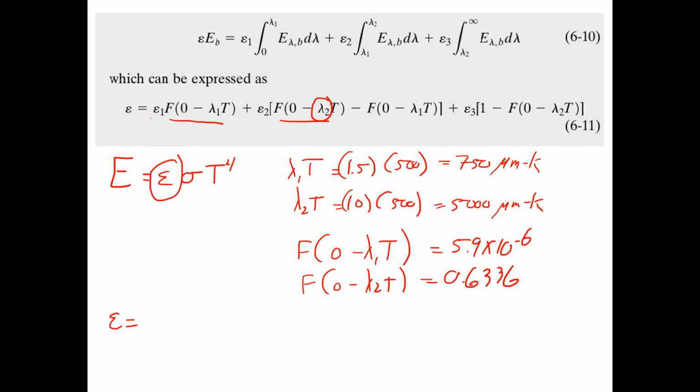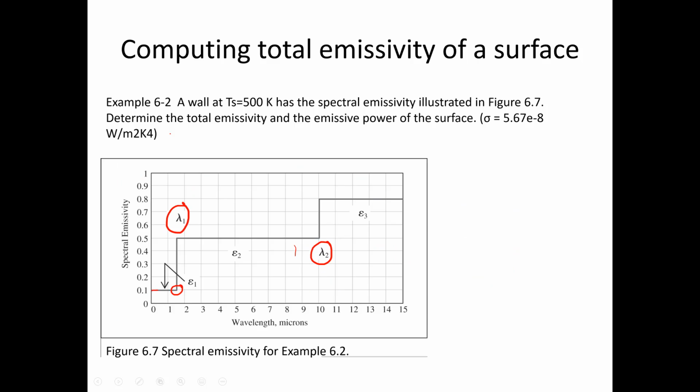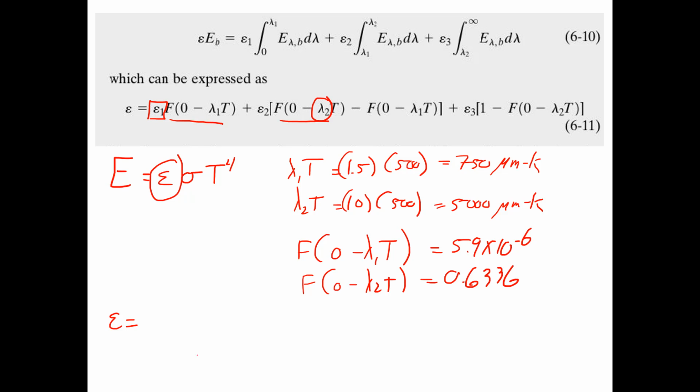I have to take the initial emissivity, which again is, in this case, 0.1, between a value of 0 and 1.5 microns. So I'm going to do E1 times the range from 0 to the first range.